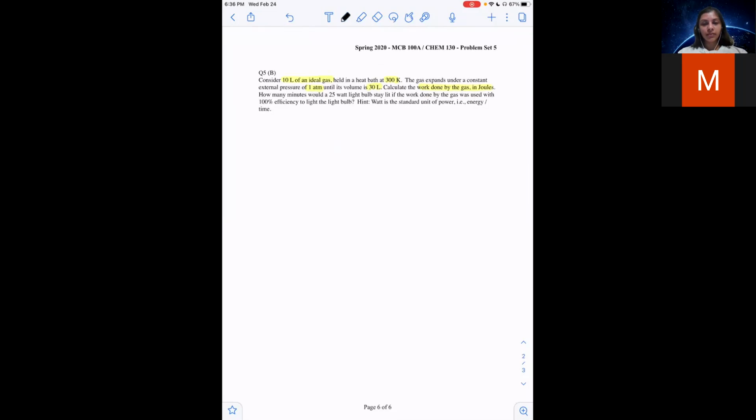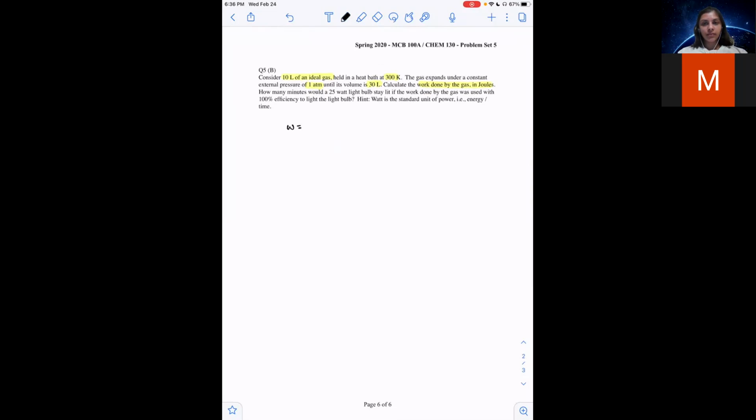We know that the work is equal to the pressure times the change in volume. We can just plug in our numbers here. The pressure was 1 atm, and the change in volume was 30 minus 10, which equals 20. So we have 20 atm liters of work.